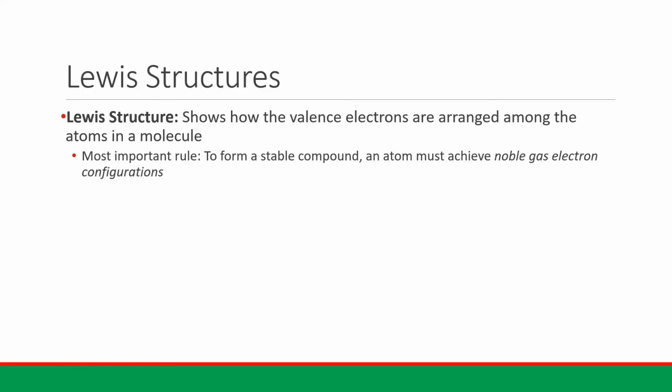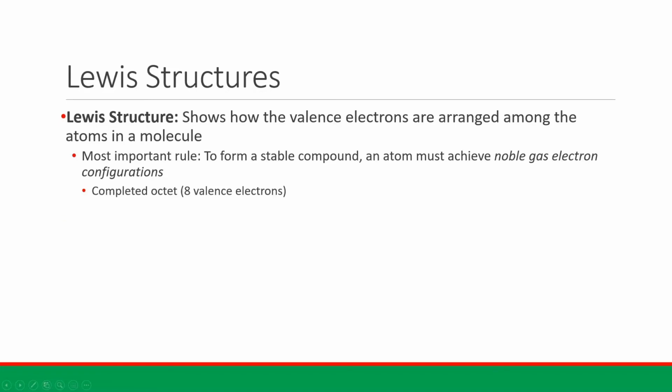If we recall, the noble gases are group 8A or 18. So this essentially just means that every single atom wants to behave like the noble gases, or simply put, have 8 valence electrons. So when you draw Lewis dot structures, every single atom should have a completed octet, or 8 valence electrons.